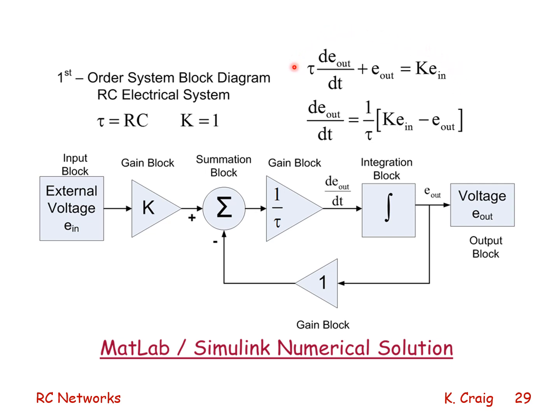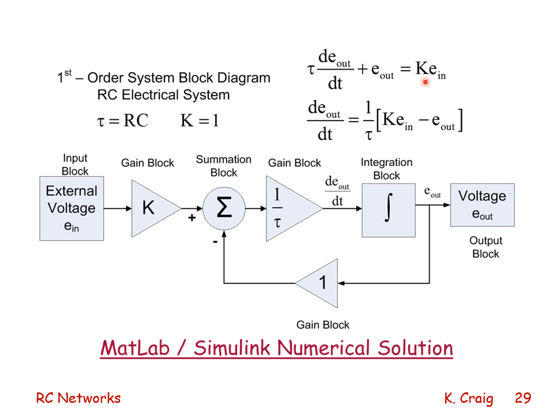Once we solve the mathematical equation once for step response and frequency response, we're done. We never have to do it again. We just have to know what tau and k represent physically.